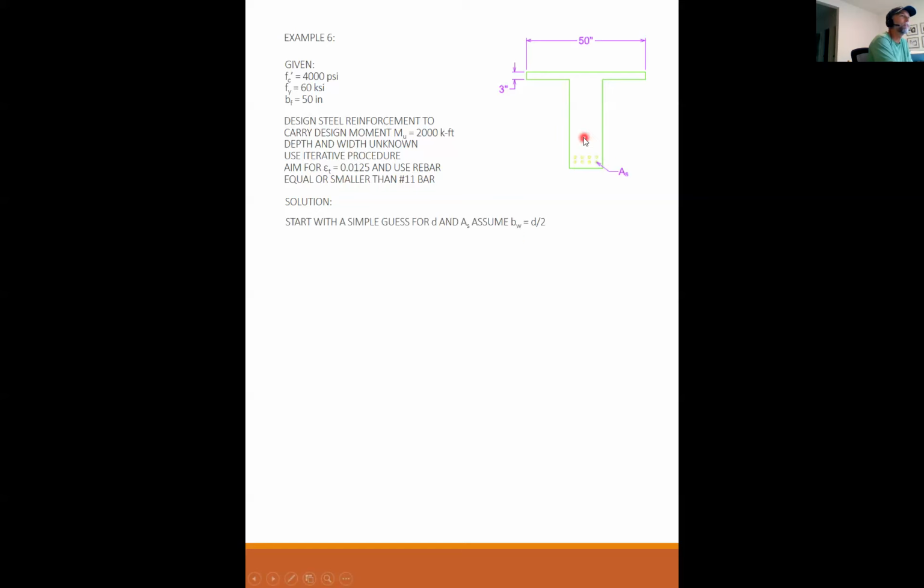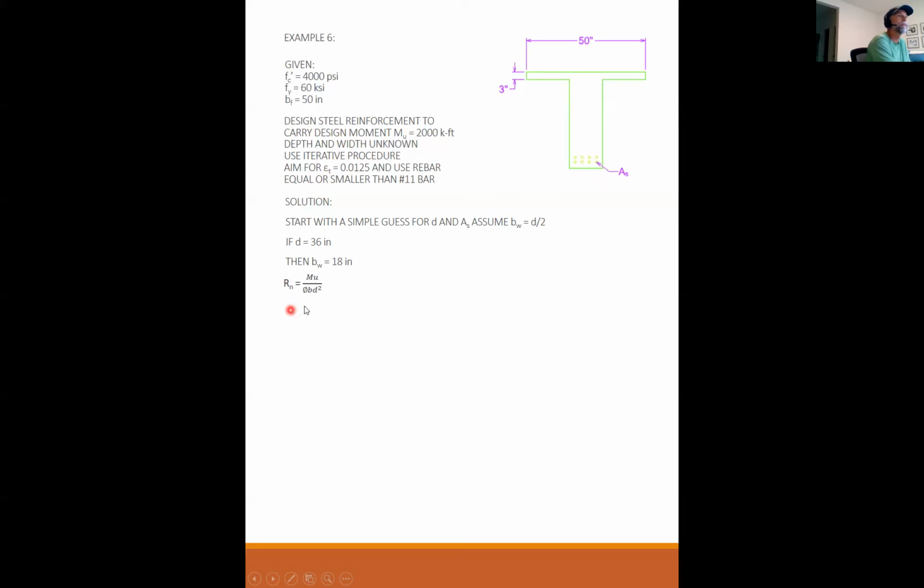So the width wasn't given either. So I'm going to just use as a ballpark that the width is equal to the depth over 2. So if I make d equal to 36 inches, then the width of the stem is going to be 18 inches. And now I can start with my index.